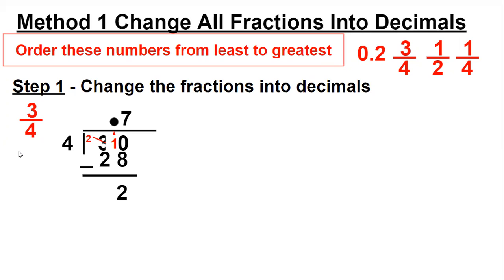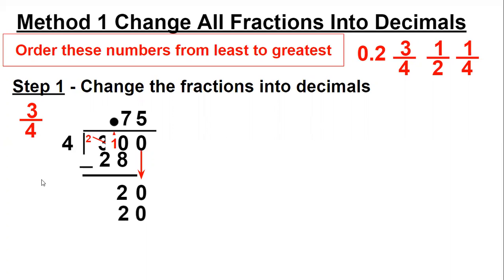In order to keep going, we have to put another 0 right there. And then we have to bring it down next to our 2. Now we take 20 and divide it by 4. That will give us 5, and then we multiply 4 times 5.